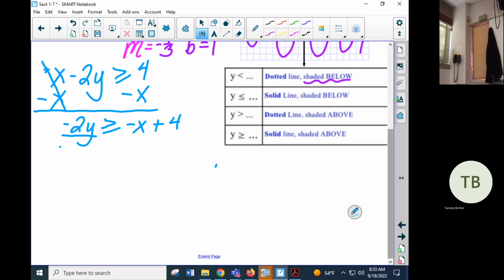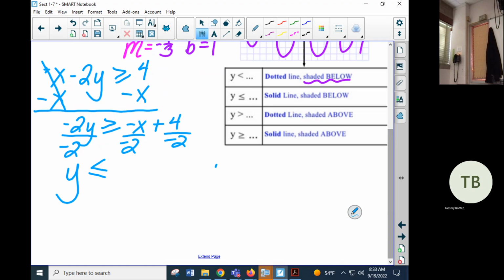Then I divide by a negative 2. What do you guys think you have to remember there? Flip the sign. Because you're dividing by a negative, or if you ever have to multiply by a negative, you have to change the sign. So this would be y is less than or equal to a negative over a negative.